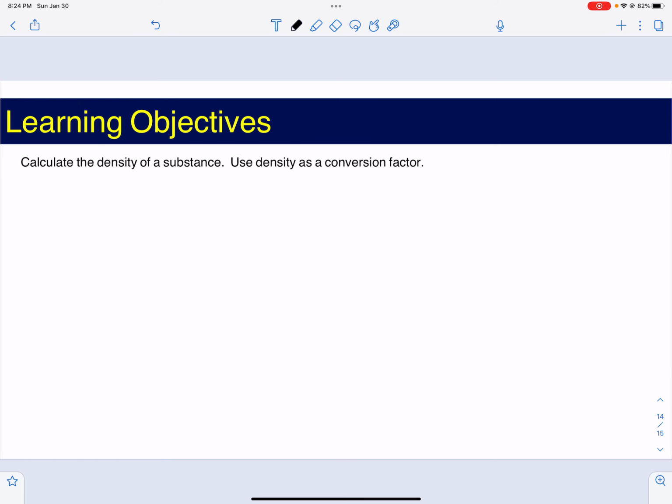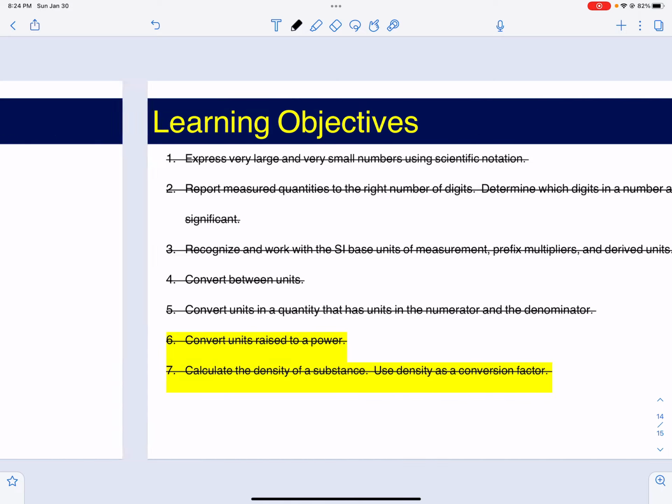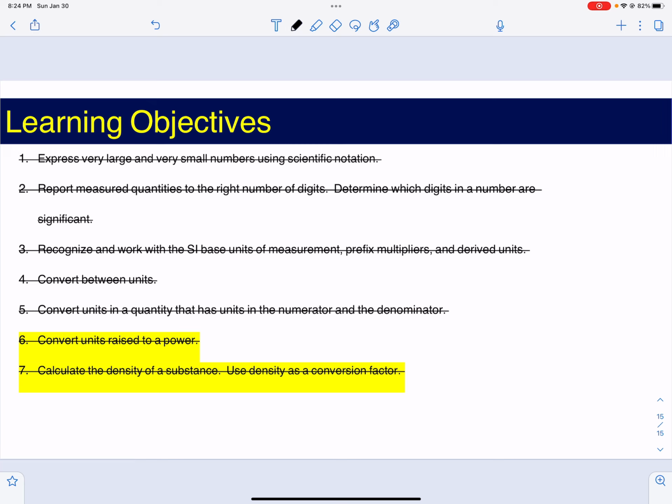And once you do that, you know how to calculate density now, and you know how to use density as a conversion factor. And that brings us to the end of the chapter where we just covered that. And with that, we will soon be moving to chapter number 3.